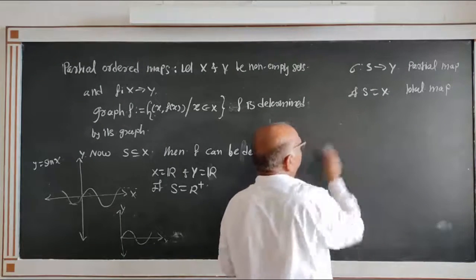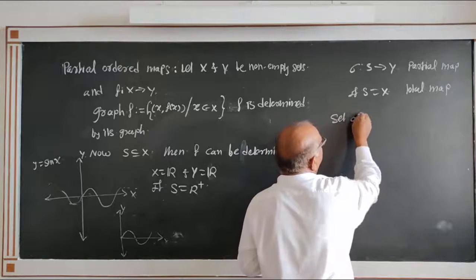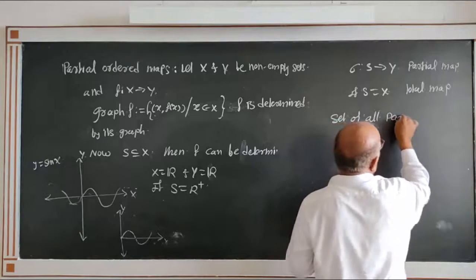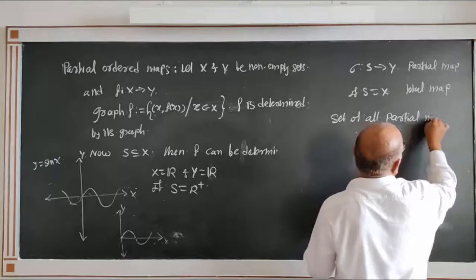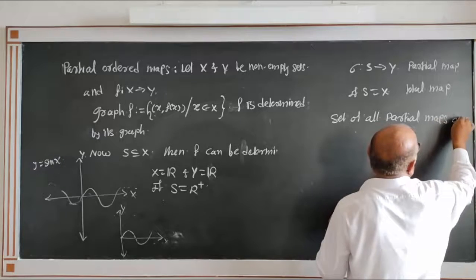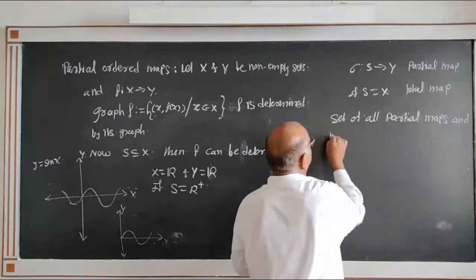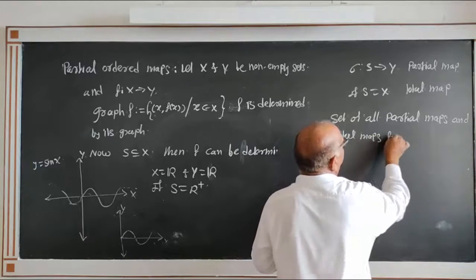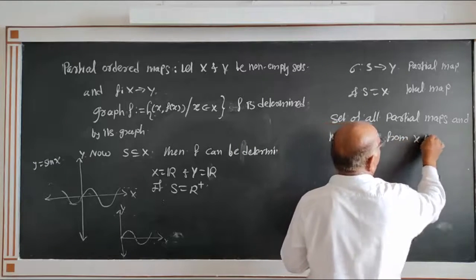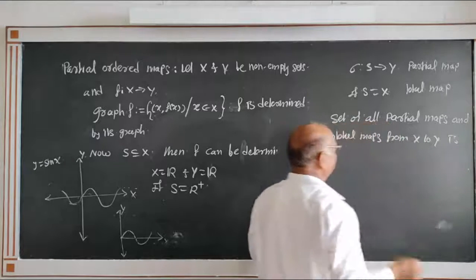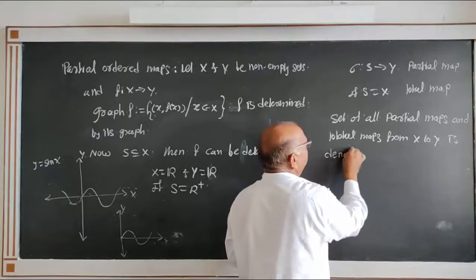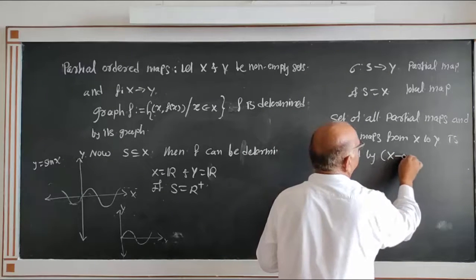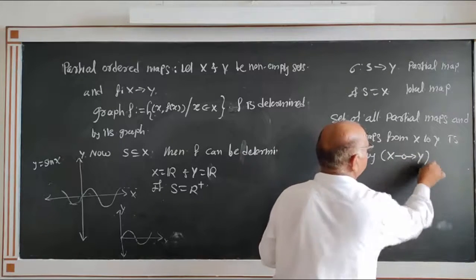Now the set of all partial maps and total maps from X to Y is denoted like this.